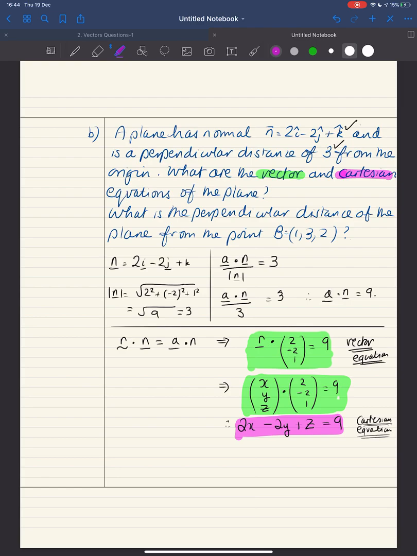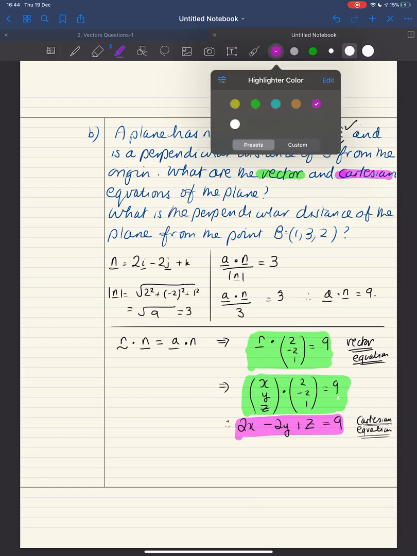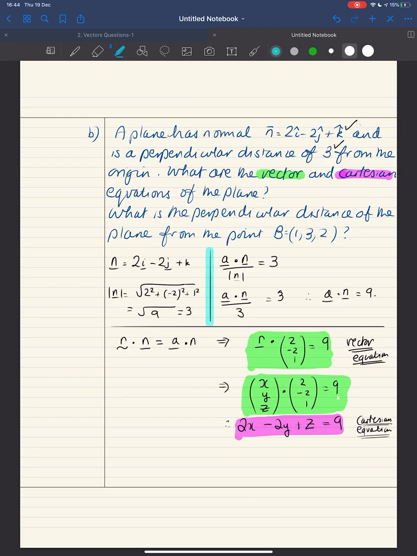These top two bits here are just what I've used for working out. Okay. What else have I got to do?